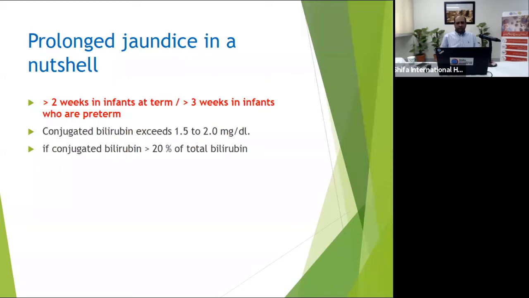And when we say that it is a conjugated hyperbilirubinemia, roughly speaking, if there is 1.5 to 2 milligrams of conjugated fraction of the total bilirubin, or more than 20% of the overall total bilirubin is a conjugated fraction, we say that it is a conjugated type of prolonged jaundice that needs evaluation to make sure that we can identify the treatable cause that could lead to benefit in the management of the babies.